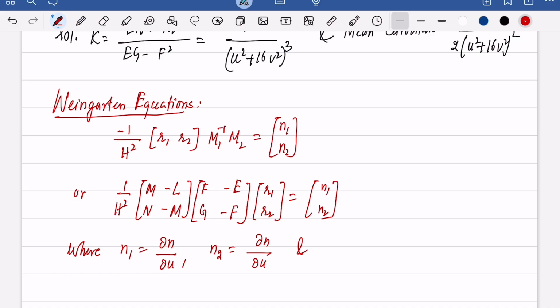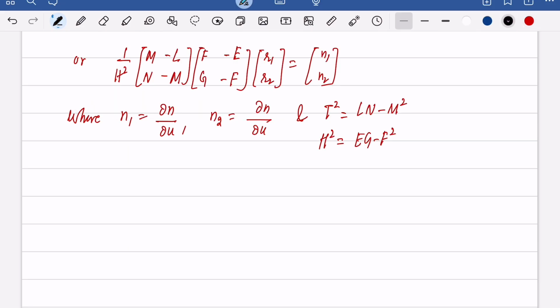And moreover, this h square is also equal to Ln minus M square. In fact, sorry, this is not h square. This is the value for t square. So this is t square, and h square is the notation defined for Eg minus F square. So these are two different notations used in differential geometry everywhere, that h square is equal to Eg minus F square and t square is equal to Ln minus M square.